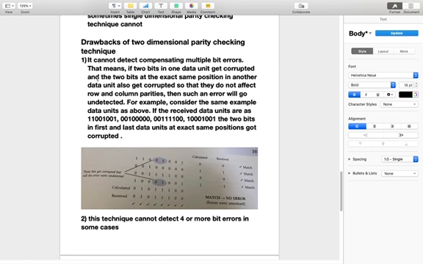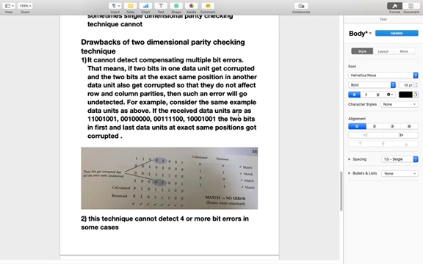It cannot detect compensating multiple bit errors. That means if two bits in one data unit get corrupted and two bits at the exact same positions in another data unit also get corrupted, so that they do not affect the row and column parities, then the error will be undetected. For example, consider the same example data units above.